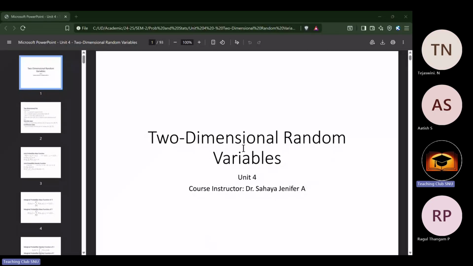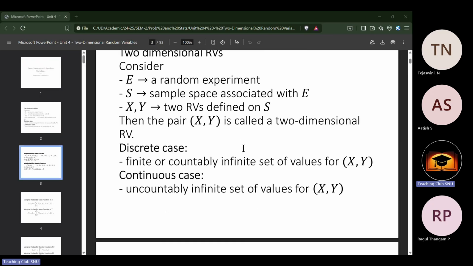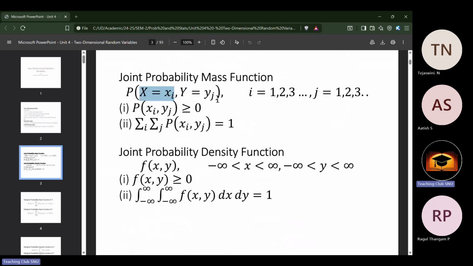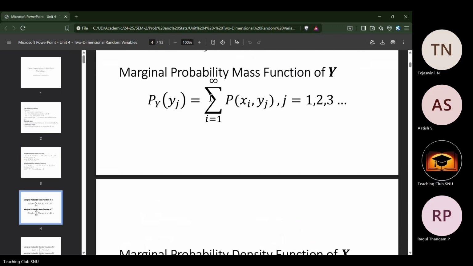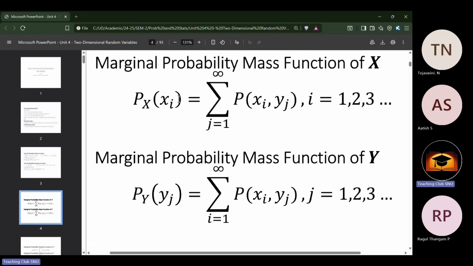So I just want to quickly run through 2D random variables as well. Many people had some issues with this. Okay. Joint probability mass function is x assuming value of xi, y assuming value of yi. And marginal, there are two kinds of marginal probability, right? Marginal probability mass function of x, marginal probability mass function of y, right?